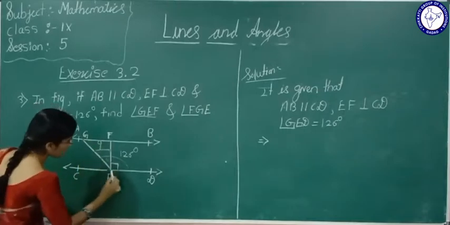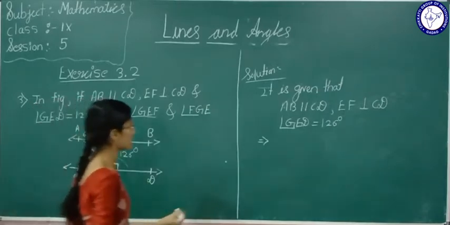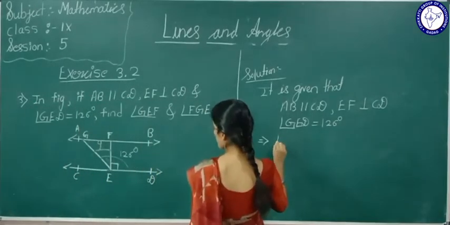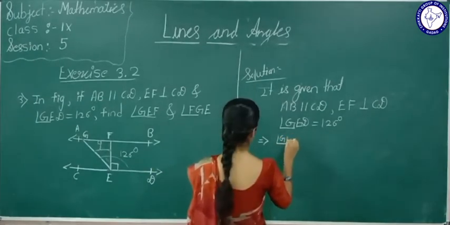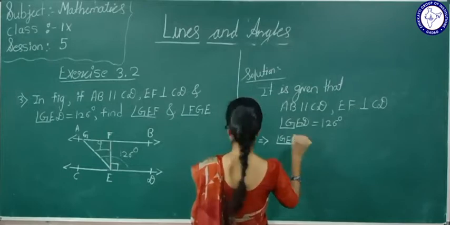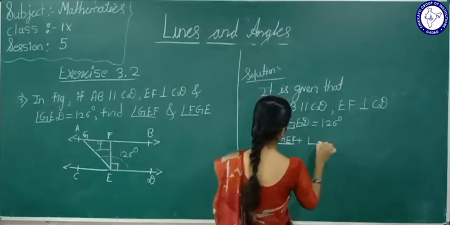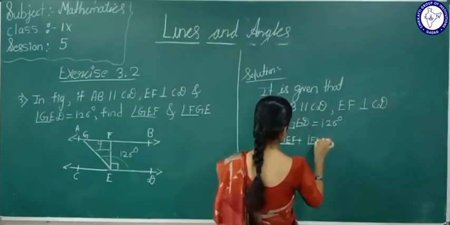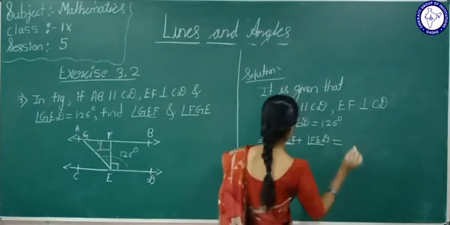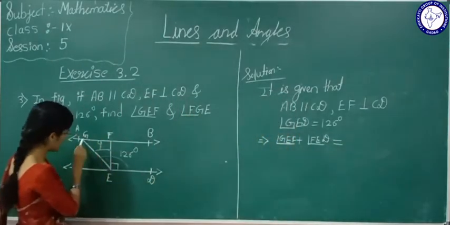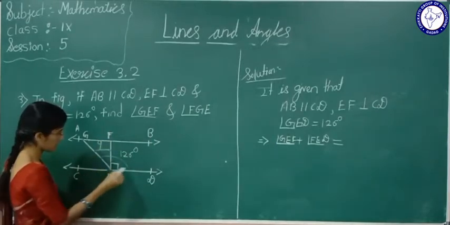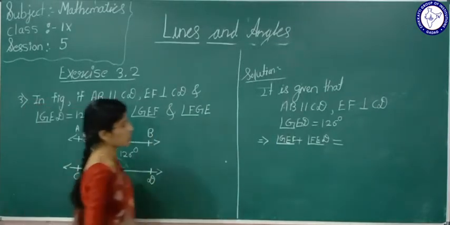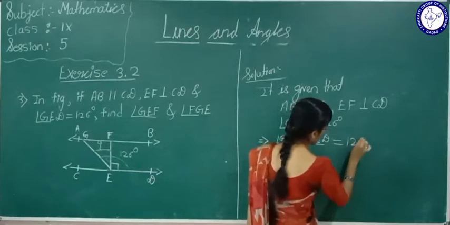The full angle GED is nothing but angle GEF plus angle FED. The full angle is 126 degrees.